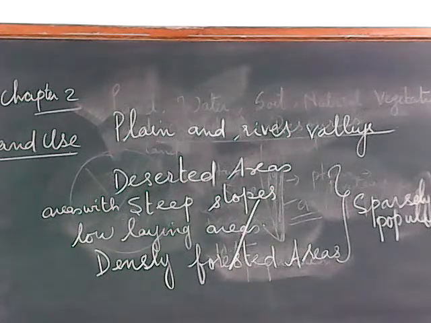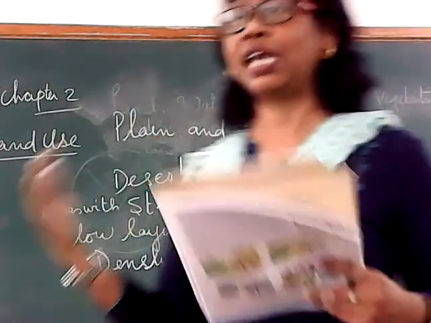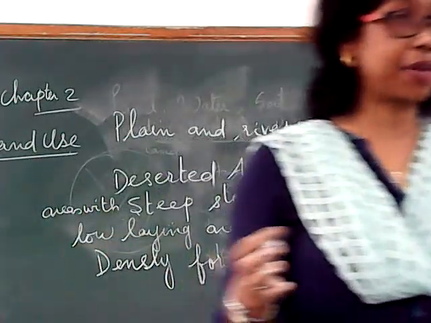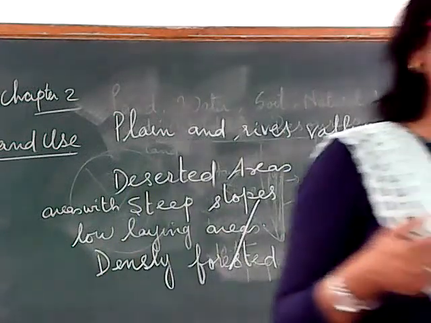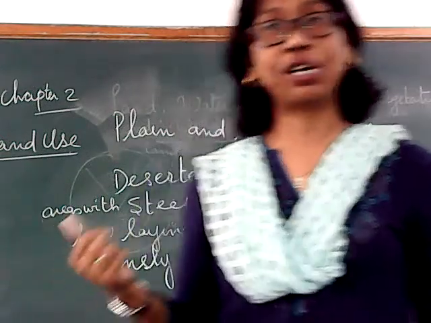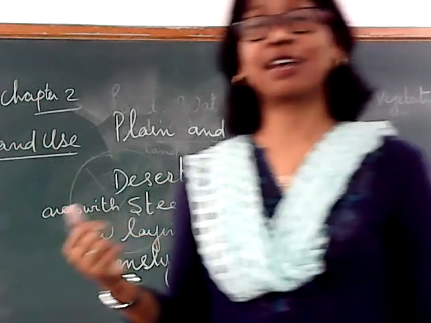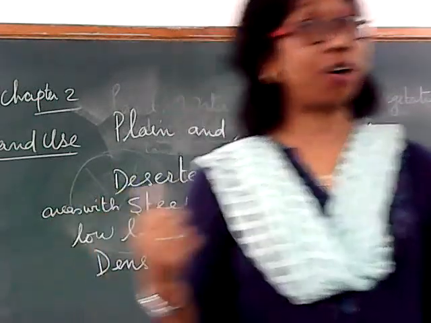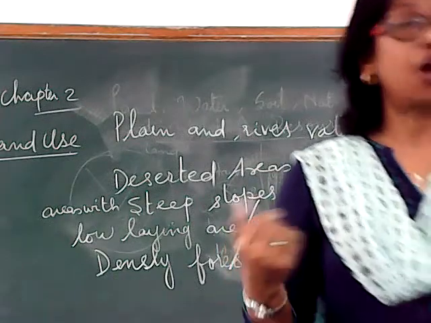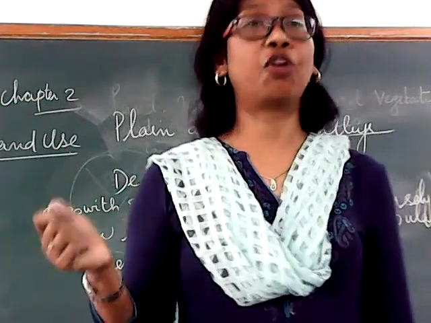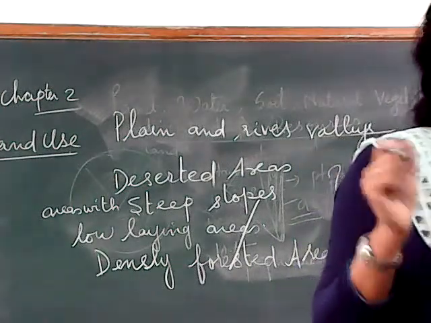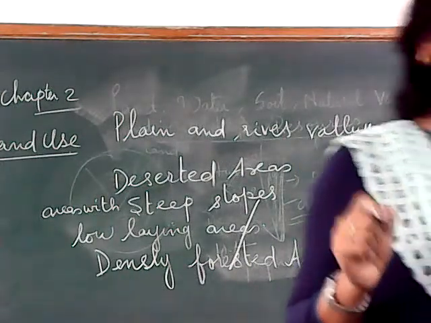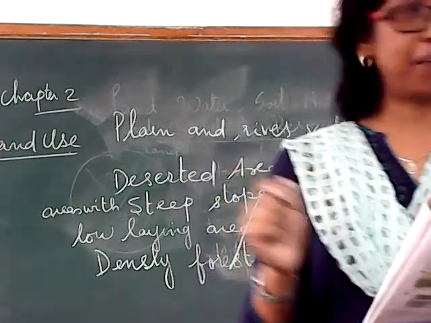Land use is the way we use the land for various purposes, like agriculture, construction, building roads, factories or houses, or forest plantation. All the purposes for which the land is used, that is called land use. So you underline: land is used for different purposes.